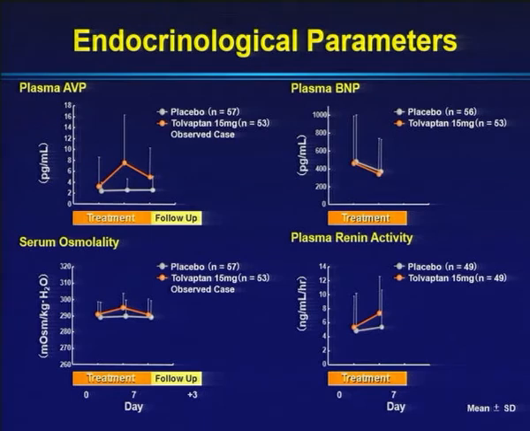And on endocrinologic parameters, plasma arginine vasopressin is increased by the blockade of V2, and osmolarity is increased a little bit in 7 days. BNP in both furosemide and Tolvaptan is a little bit decreased, and plasma renin activity slightly increases, but not so much.